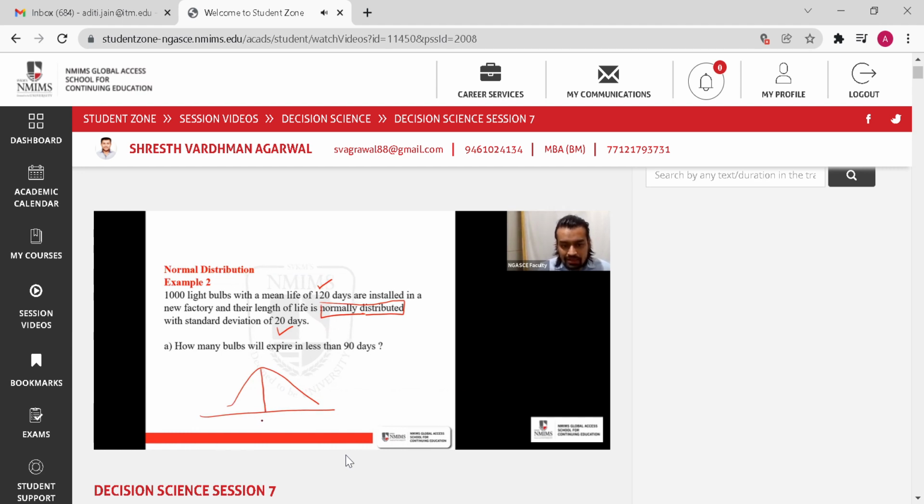So here this is the average, 120 days. Now there are two types of normal curves. This is a normal curve based on the observations. When we rescale the values, exactly the same graph can be plotted for the corresponding Z values.